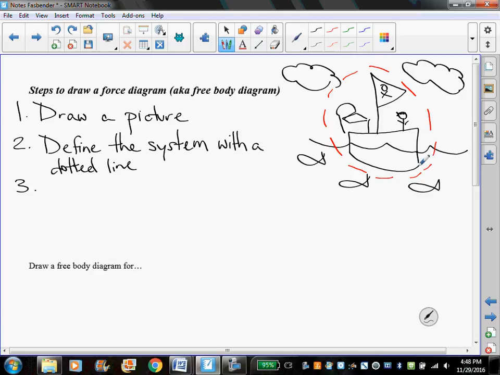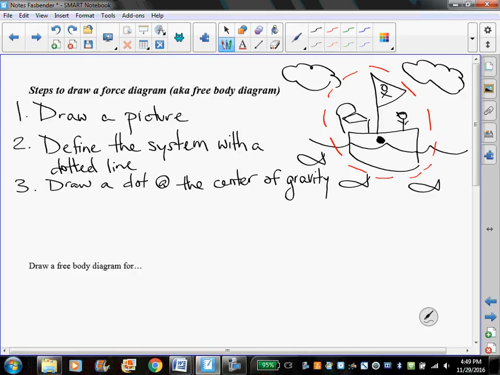And once we have the system, we're going to draw a dot at the center of gravity. We want to try to make this as simple as possible, and a giant pirate ship is not going to be very simple. But if we look at where perhaps this middle of all that mass is, which is the center of gravity, and we kind of just say, what if this whole big complicated ship is really just a dot right here?